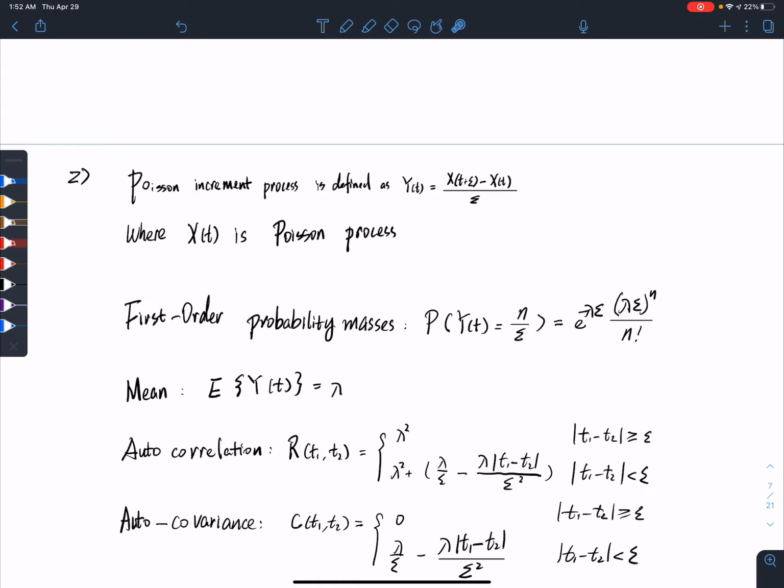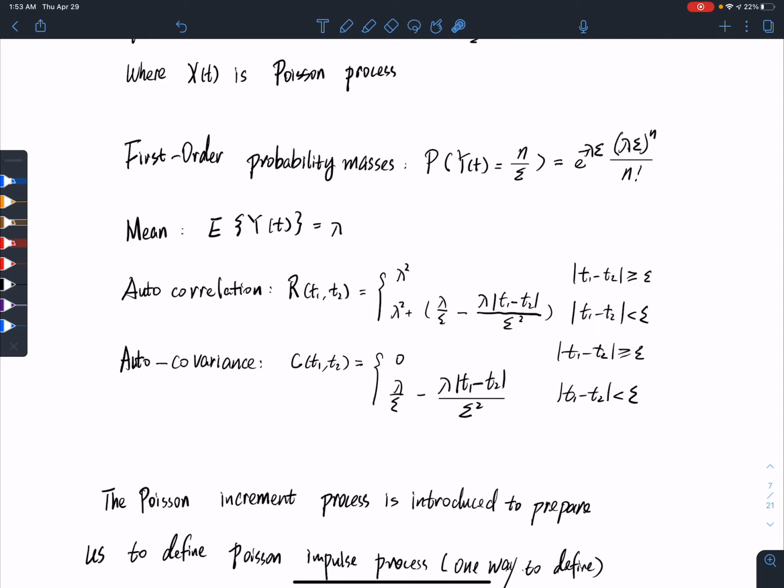Autocorrelation R(t1, t2) is equal to lambda squared when the absolute value of t1 minus t2 is greater or equal to epsilon, or lambda squared plus lambda over epsilon minus lambda times absolute value t1 minus t2 over epsilon squared when the absolute value of t1 minus t2 is less than epsilon.